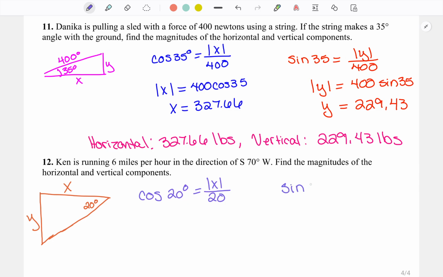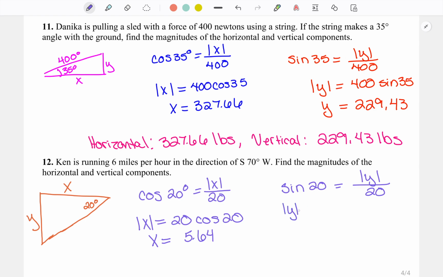And for the vertical, the sine of 20 degrees equals the absolute value of Y over 20. So the absolute value of X will equal 20 times the cosine of 20, and that is 5.64. And the absolute value of Y equals 20 times the sine of 20. So Y is going to equal 2.05.